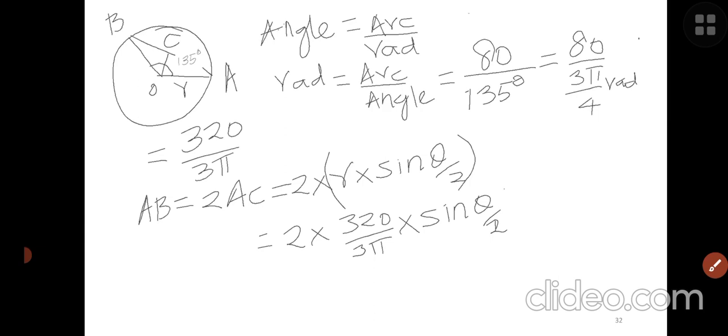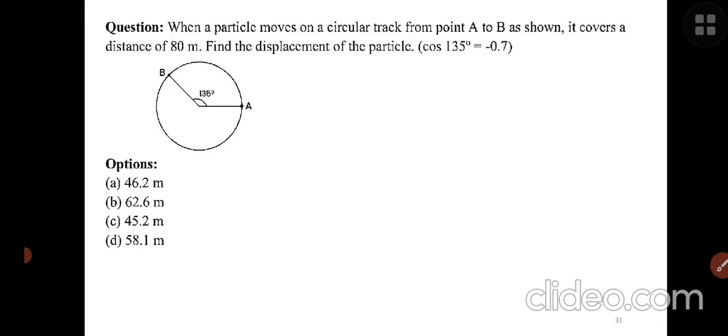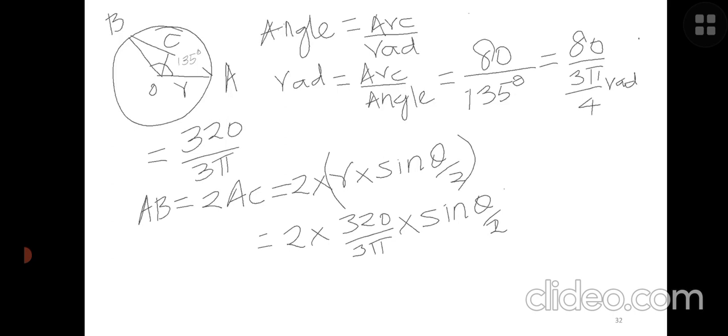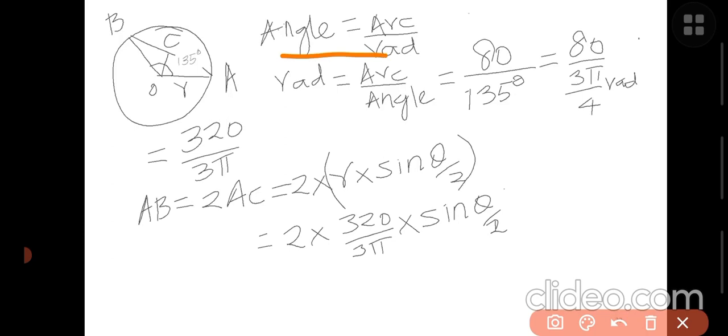Angle formula is equal to arc by radius. In this picture you can see, from this formula we can calculate radius is equal to arc by angle. What is the arc? Arc is given as 80 meter.